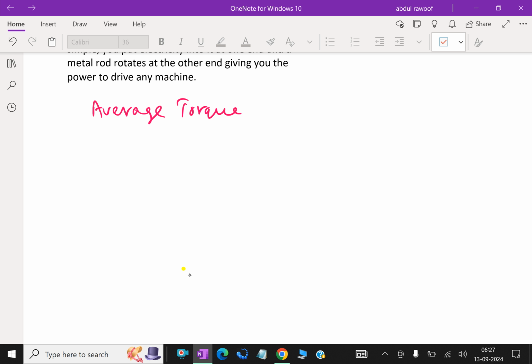Average torque at the end of the axle is equal to a constant times N I A B, where N is the number of turns, I is the current, A is the area of the coil, and B is the magnetic field.